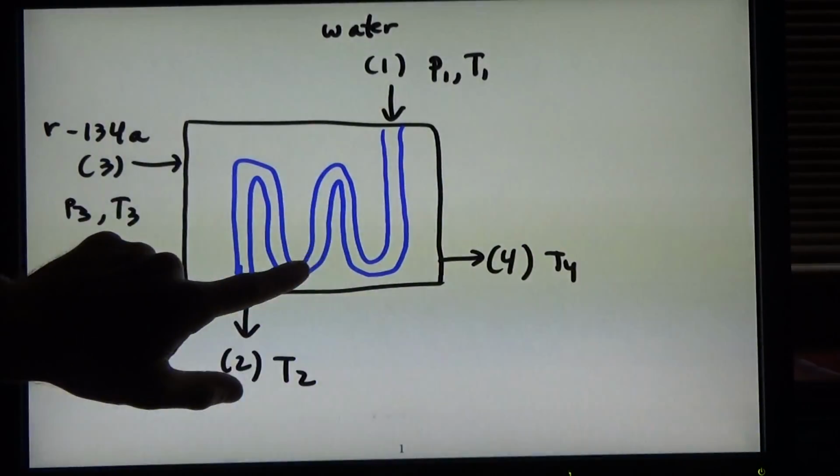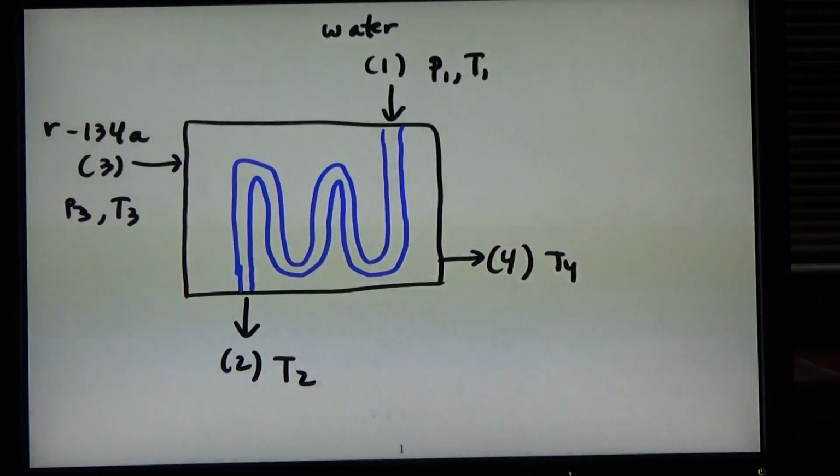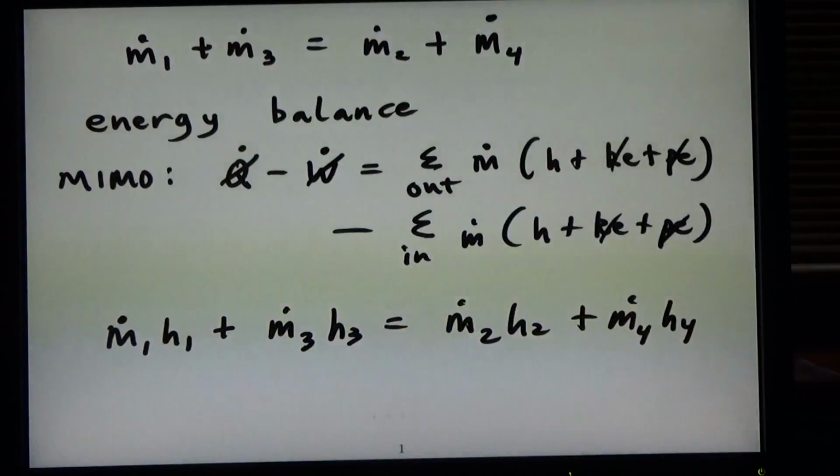So the first thing we'll analyze is just the water flowing through its tube. Let's make some equation numbers. This is equation 1, this is equation 2. Now we're going to look at water as the system.